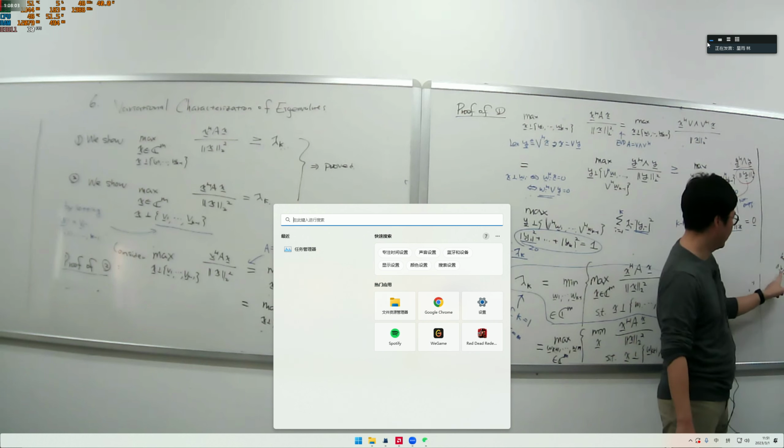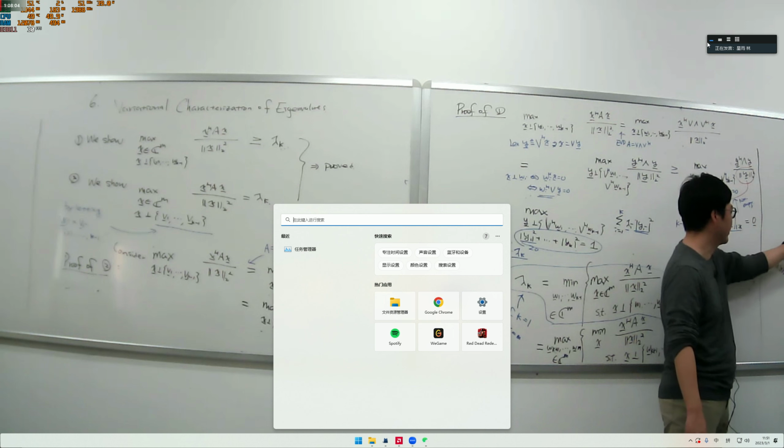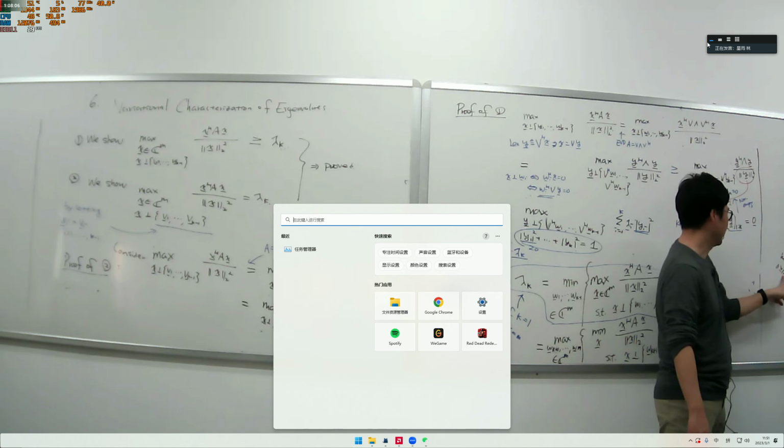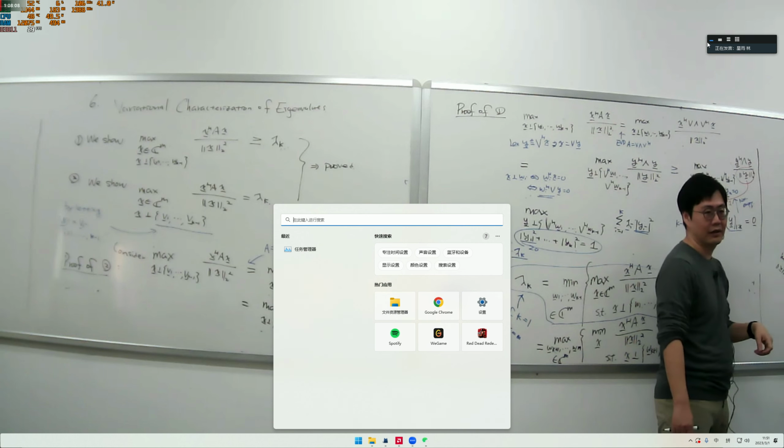So without loss of generality, without loss of optimality, you can constrain it.